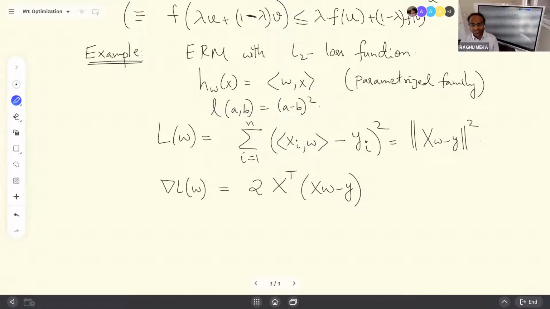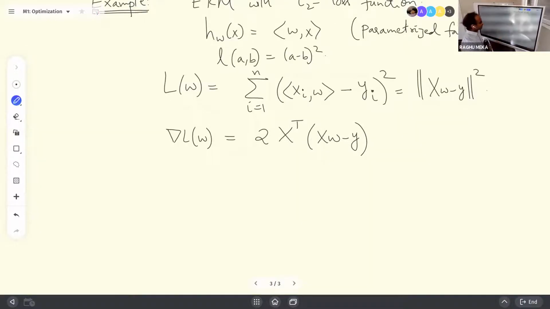You can evaluate it just by taking partial derivatives one step at a time, and you get this. But you can see here that the gradient seems pretty nice, and we think it is smooth with some bounded beta.